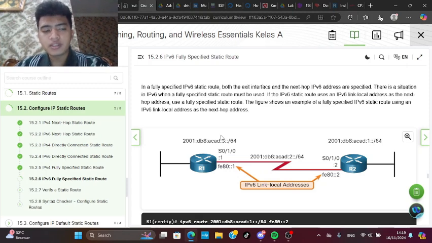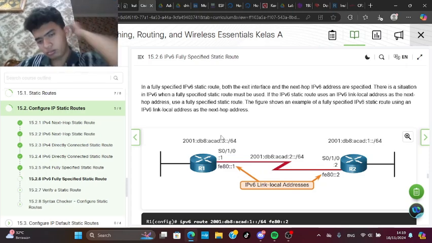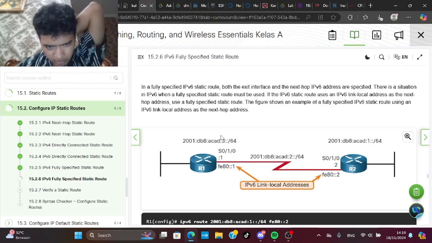We have discussed IPv4 before IPv6, as we discussed here. So the difference is not just the address.